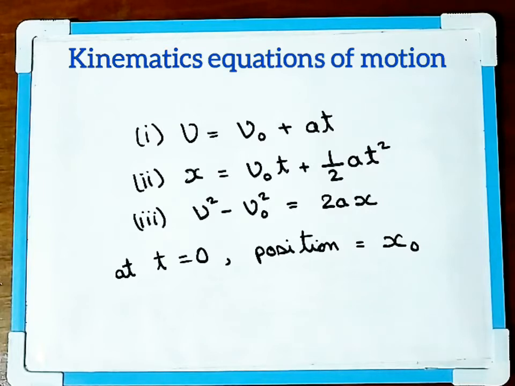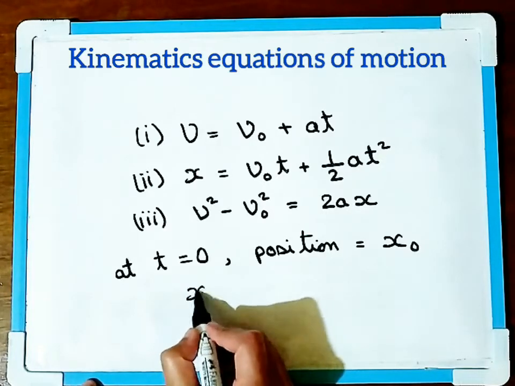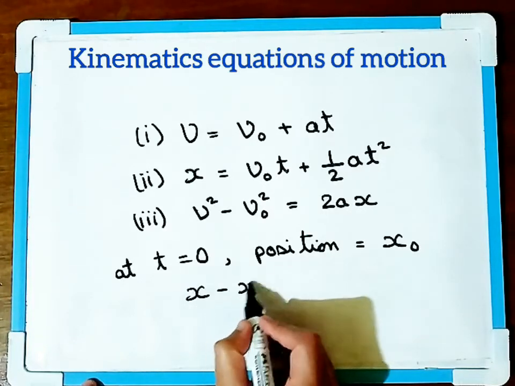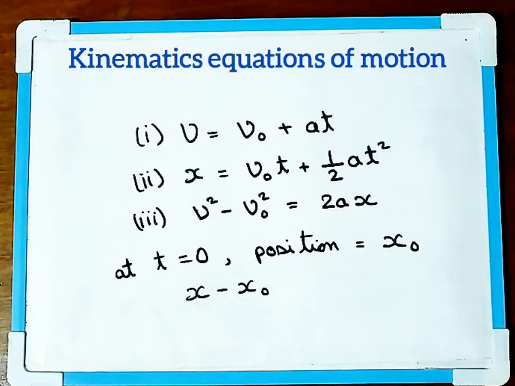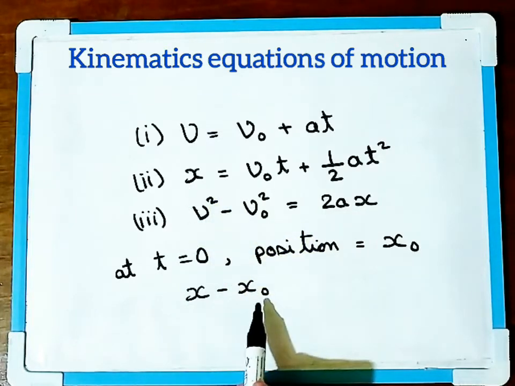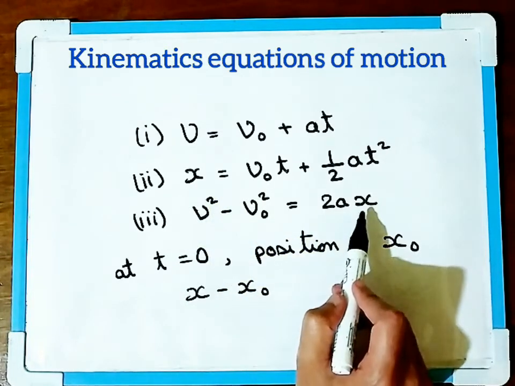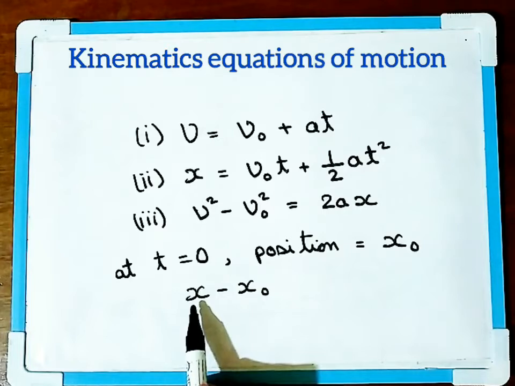So if at t equal to 0 the position is x naught, then instead of just x, we'll have to add x minus x naught. This will give us the change in displacement. So here, instead of x, I'll put x minus x naught. x naught is the initial position, x is the final position.